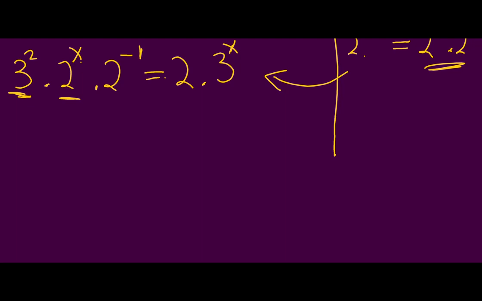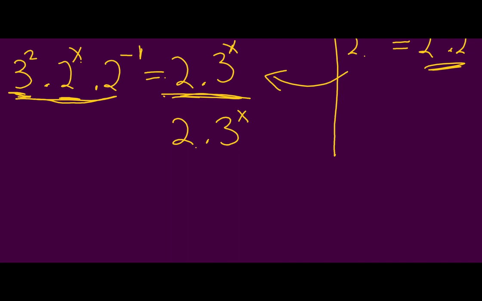I hope you're following together. So I'm going to start by dividing by this value, or you can also divide by this term. It's up to you. In my case, I'll just divide by this one, 2 times 3 to exponent x.